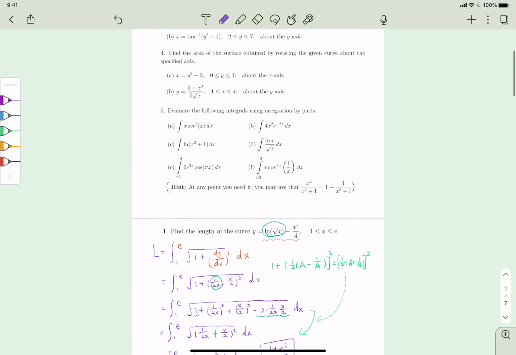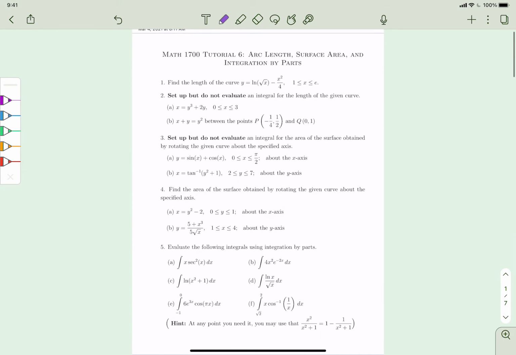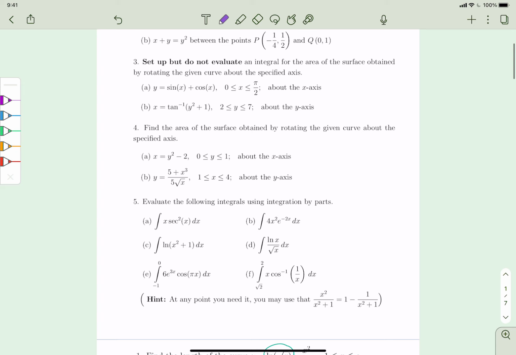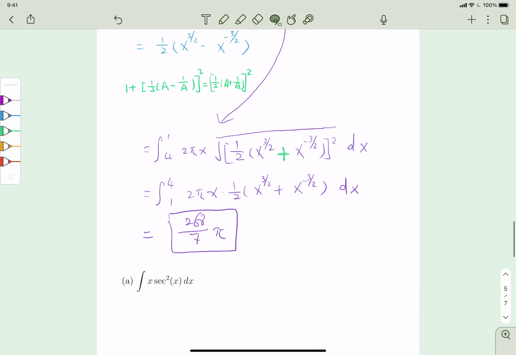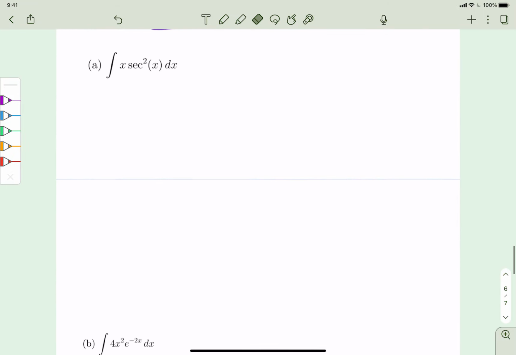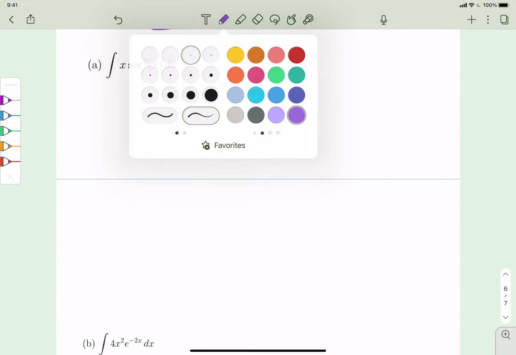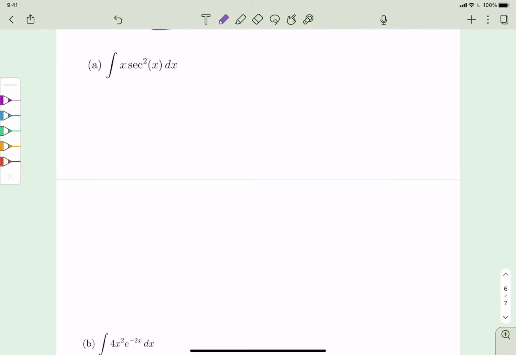So let's go to the last part of the question. Evaluate the following integrals using integration by parts. So start with this one. This type of question is like the substitution question. How do we know which kind of substitution we need to use in a given situation?